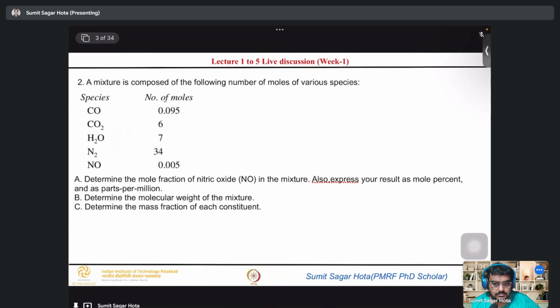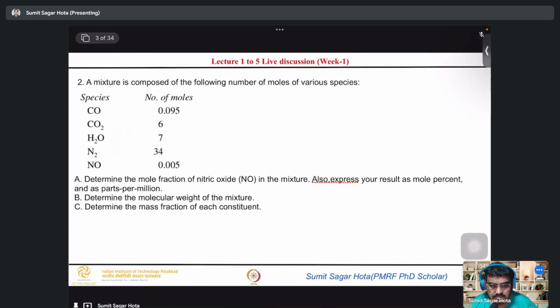So this is the first problem. We can just see a mixture is composed of the following number of moles of various species.